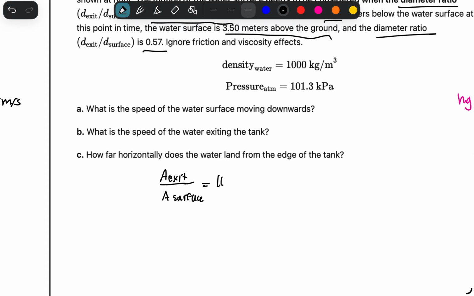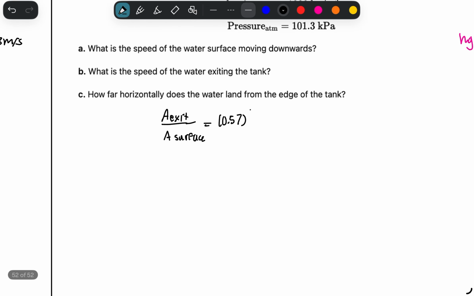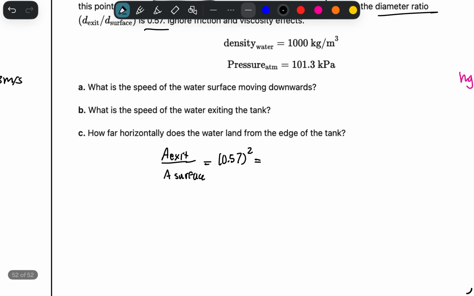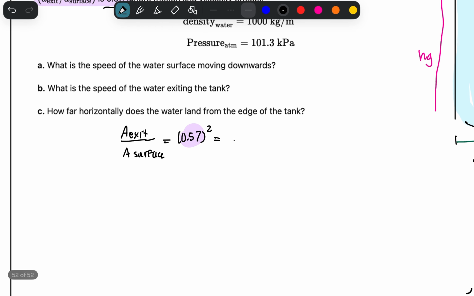So you're going to take that 0.57. We know that everything else canceled out, and it just ended up being d exit over d surface. And then that ratio is squared. So then we can just take that 0.57 and square it. Because the relationship between area is going to be d squared. So that's the proportionality in play. So that's going to equal 0.3249.